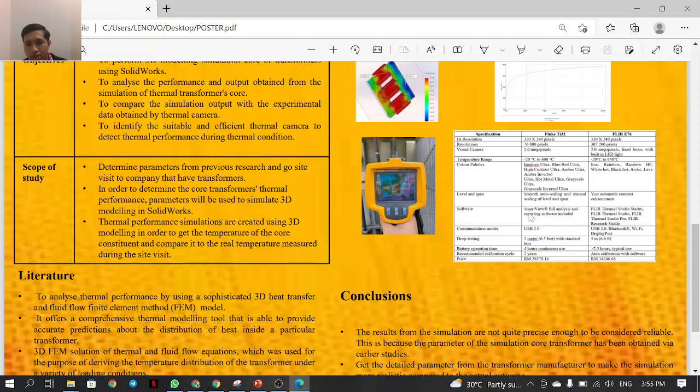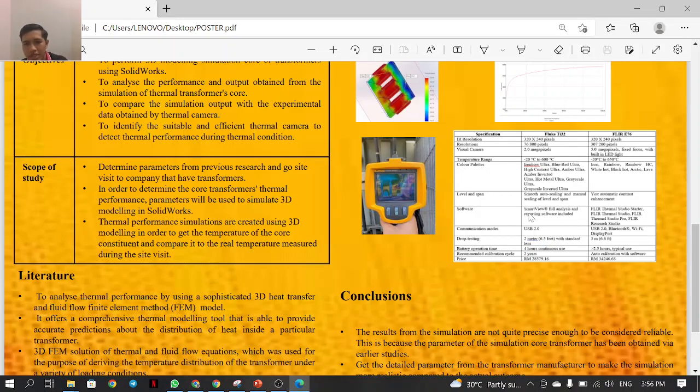For the communication mode, the FLIR E76 has a better communication mode that uses USB 2.0, Bluetooth, Wi-Fi, and DisplayPort. And for the drop test, you can see the FLIR E76 is more durable because it can sustain the drop test from 3 meters. And for the battery lifespan, the Fluke TI32 has more battery lifespan than the FLIR E76.